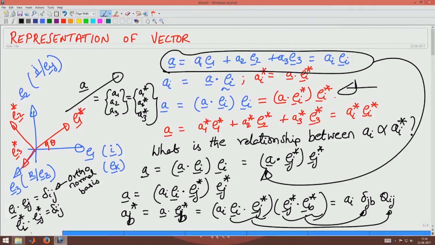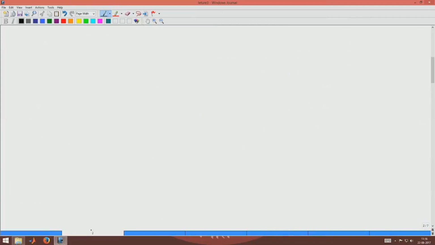Okay. It is easy to see that Ei dotted with Ej star is not delta ij because they are not orthogonal. Okay. So, let us write now for the transformation that we had.